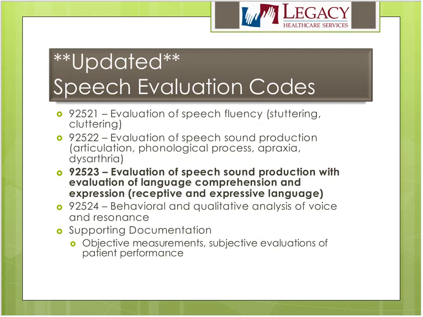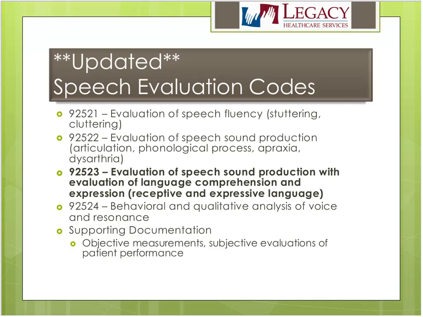So 92521 is looking at speech fluency. So stuttering, cluttering, if you're assessing that, then you would bill 92521. 92522 is really focused on sound production, the person's ability to articulate. If they have an apraxia or dysarthria, then you would use 92522.